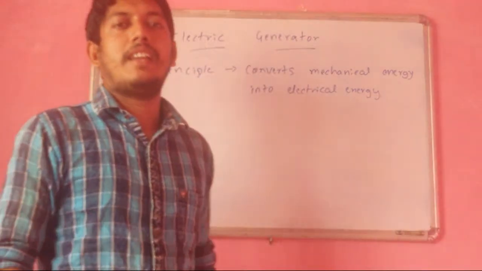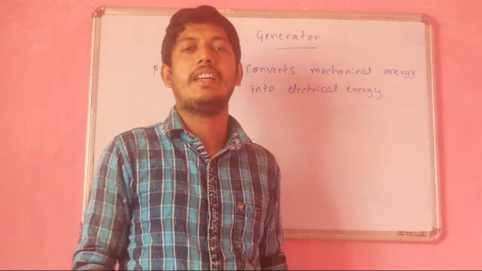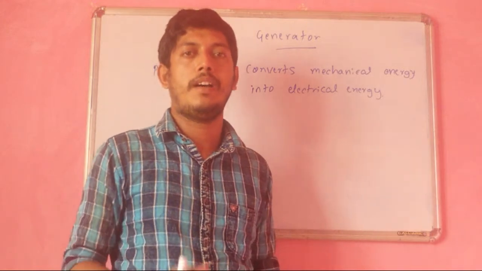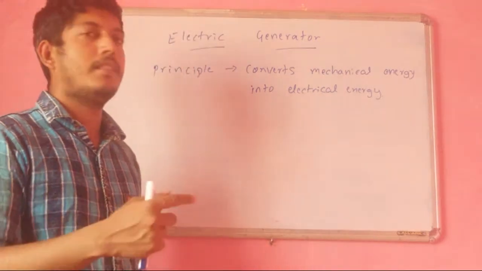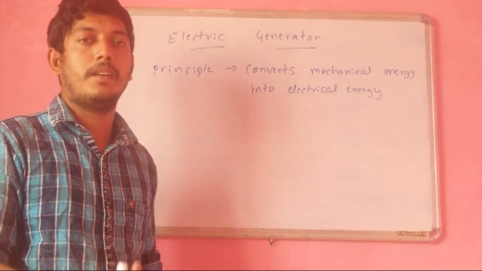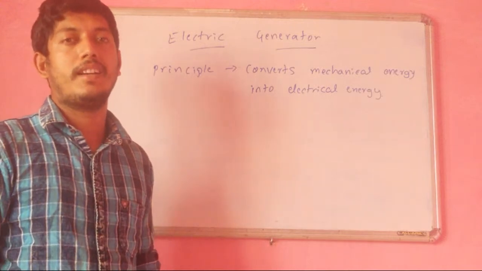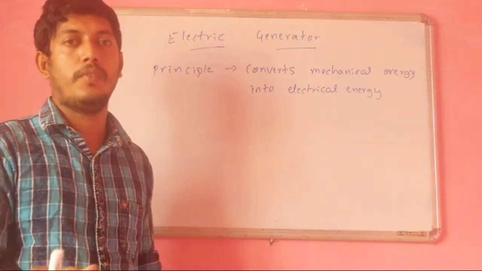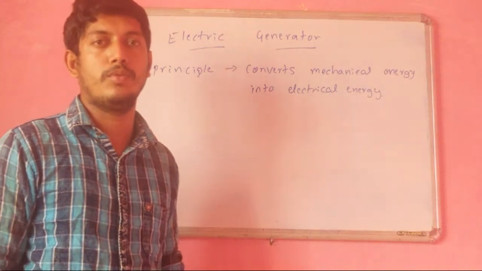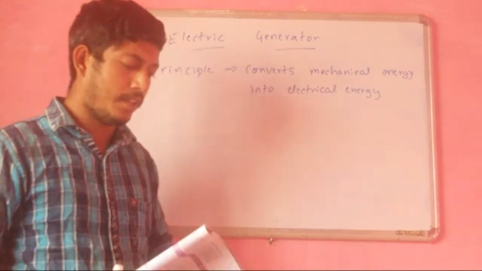By pedaling the cycle, which provides the mechanical motion, the wheel starts rotating, and by that method mechanical energy is converted into electrical energy. The device used in that is the dynamo.